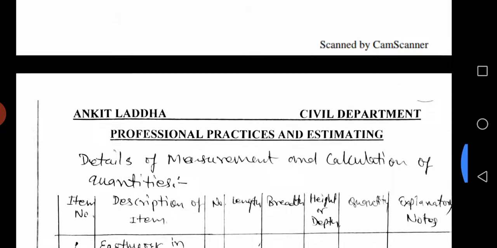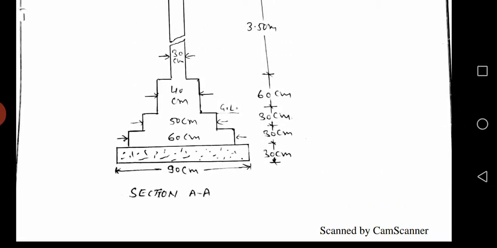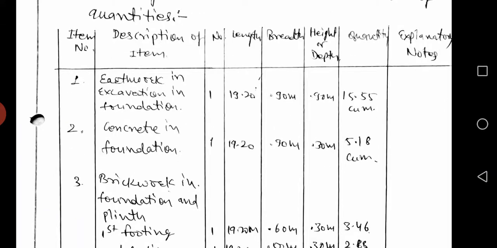Height or depth is 90 centimeter, calculated from ground level to trench: 30 centimeter for both footings and 30 centimeter concrete in foundation, that means 30 plus 30 plus 30, that is 90 centimeter. So the depth is 0.9 meter. Quantity is all multiplied, number, length, width and height, and that is 15.55 cubic meter.